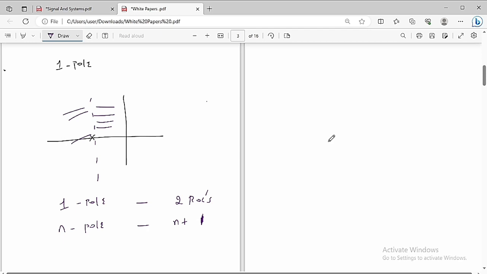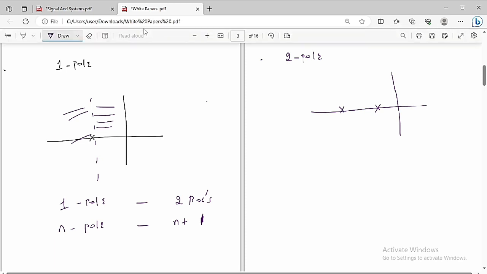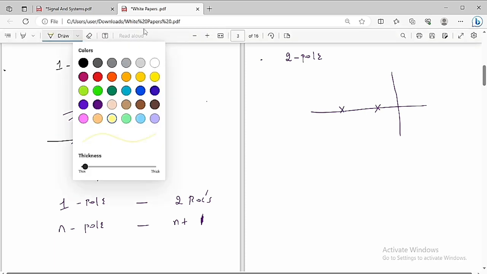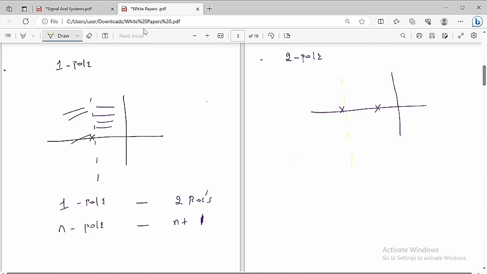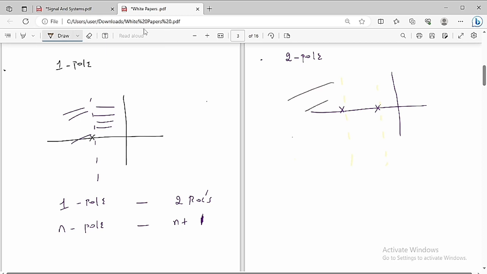Suppose you take two poles, let me show in the figure. This is one pole and this is the other pole. How many ROCs are possible? Let me draw with the other pen, I think you are not able to see that. So this is one possible ROC.